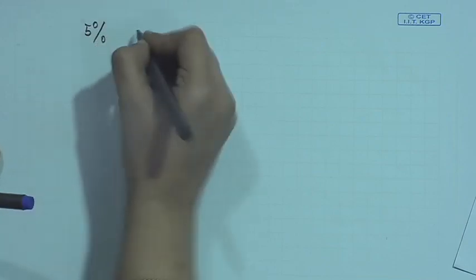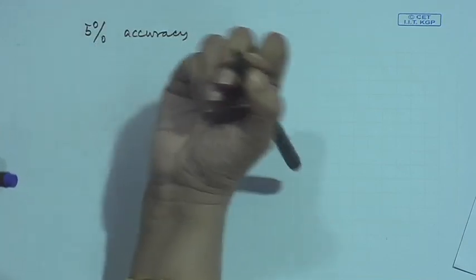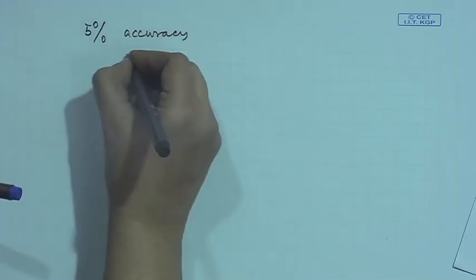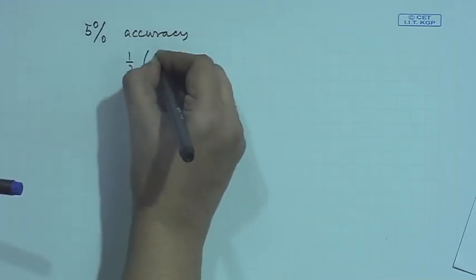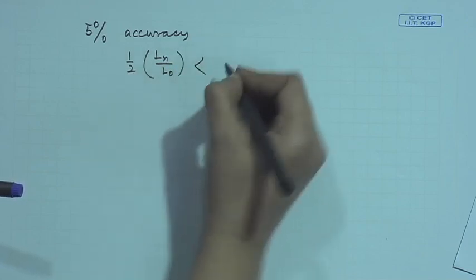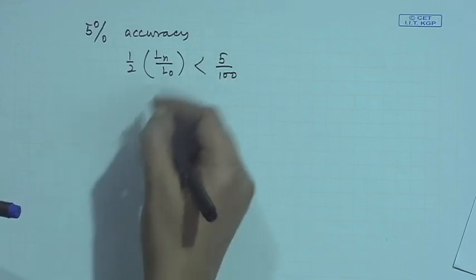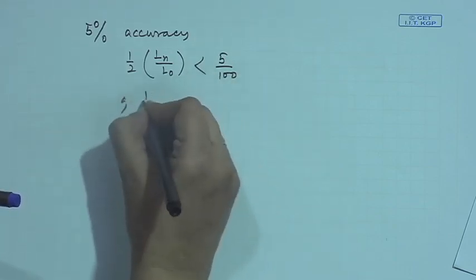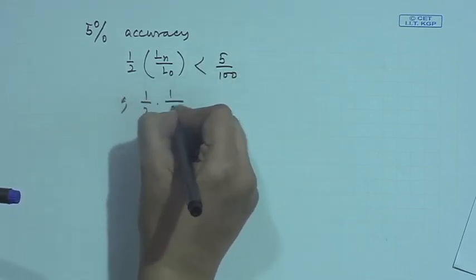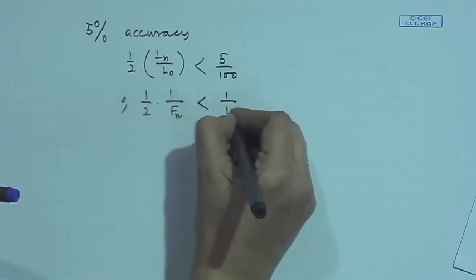The process is simple, I told you, but for example, I want to have 5% accuracy. I can have 7%, I can have anything. For 5% accuracy, half of the final divided by initial must be less than 5 by 100. What would be the value for this? Again, half into 1 by Fn is less than 1 by 10.